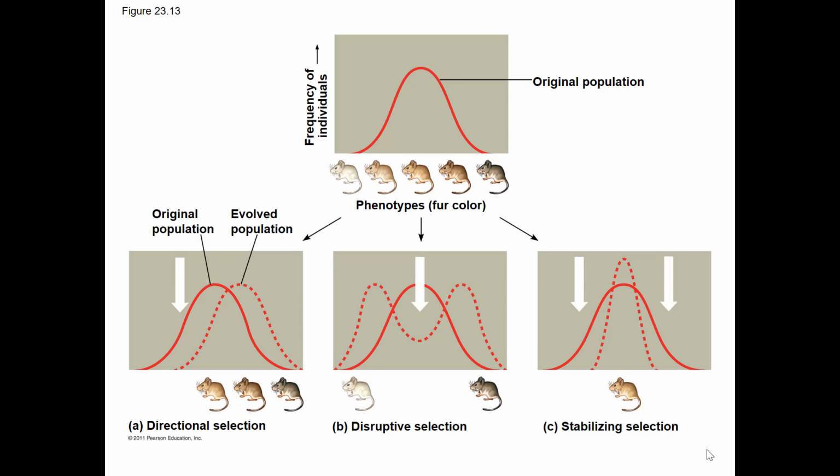Natural selection basically comes in three forms, and this is what's called directional, balancing, and disruptive. This sometimes has different names.